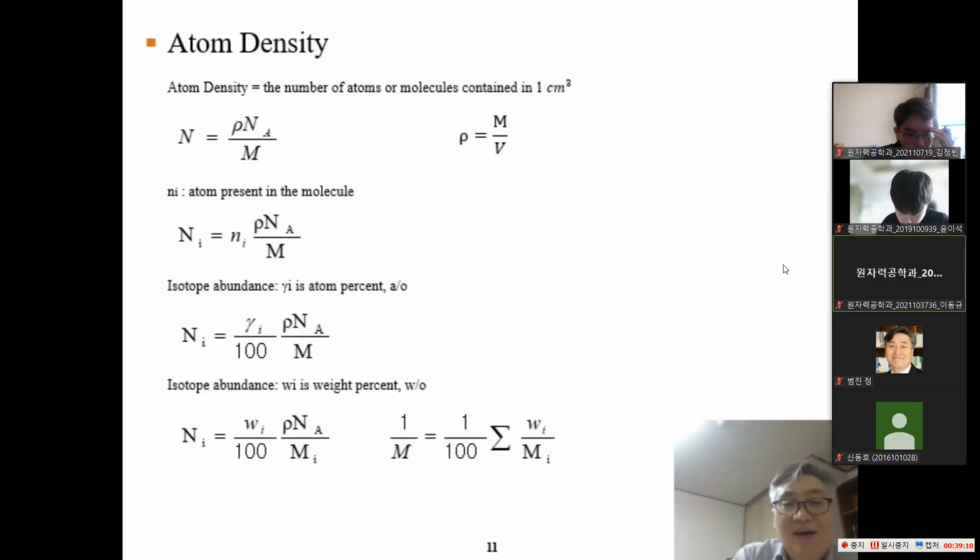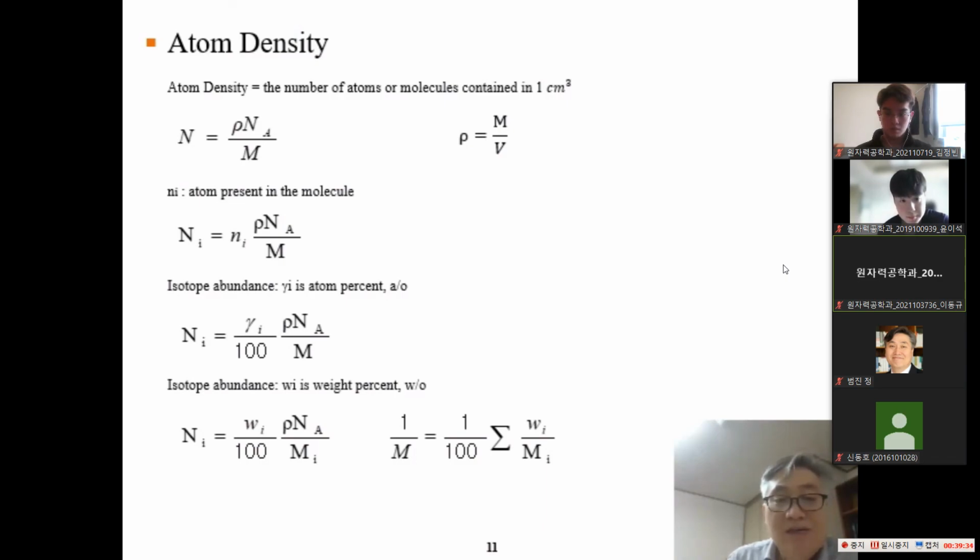Now, when there are many elements occupying the same volume, we can put an index i, for example 1, 2, 3, 4. We can calculate the number density of a certain element i the same way, with the same expression.